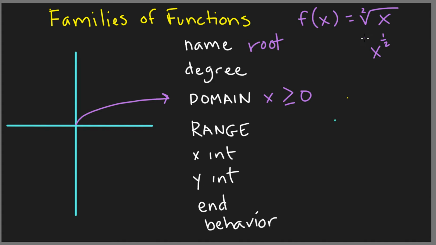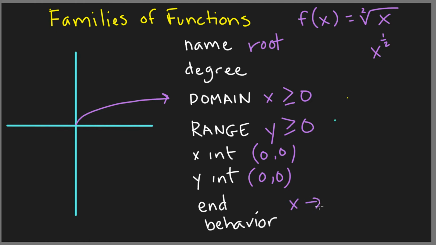If you've got a negative value in there, you're going to get into complex numbers. My range, since we don't have any negatives in there, the square root of any positive number is going to be positive, so y is greater than or equal to 0. My x-intercept is 0, 0. My y-intercept is 0, 0.